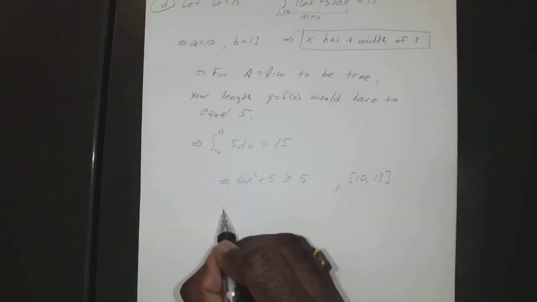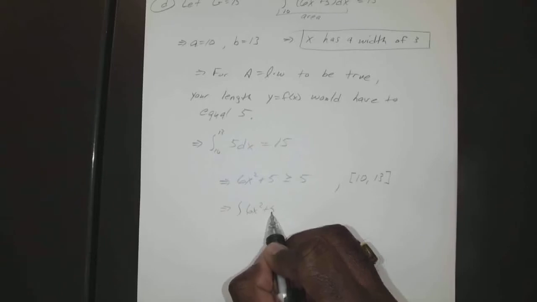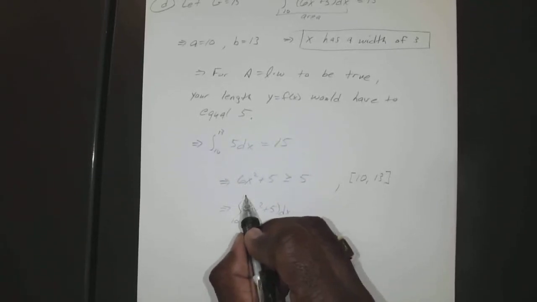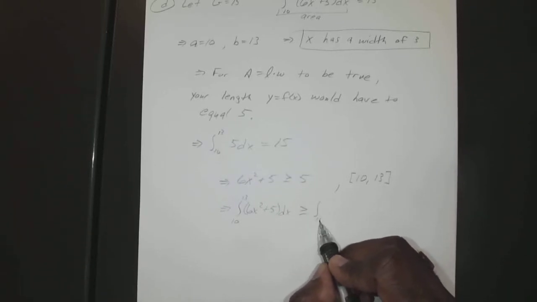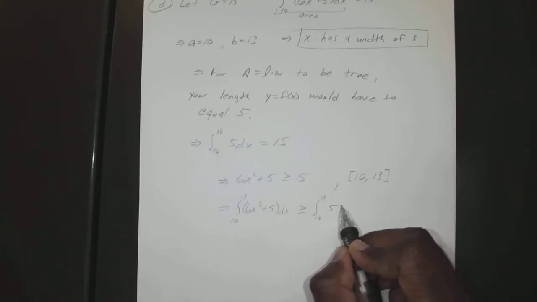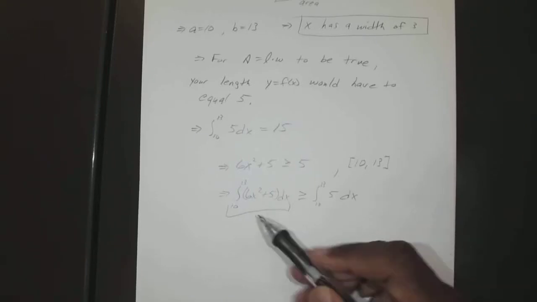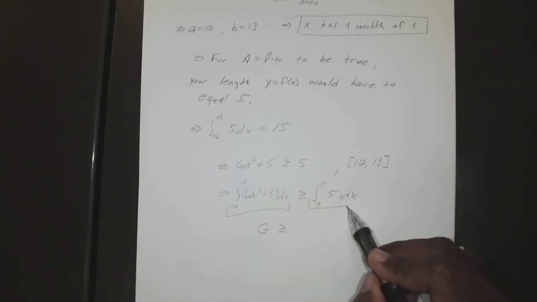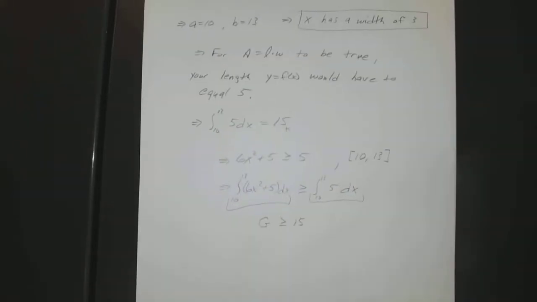Which means that the integral of 6x squared plus 5 from 10 to 13 is greater than or equal to the integral from 10 to 13 of 5 with respect to x. Since this is our g, that's greater than or equal to our integral here, which we showed is 15.